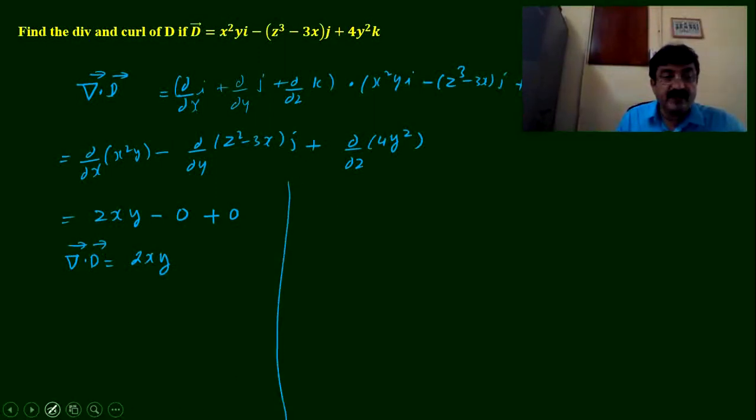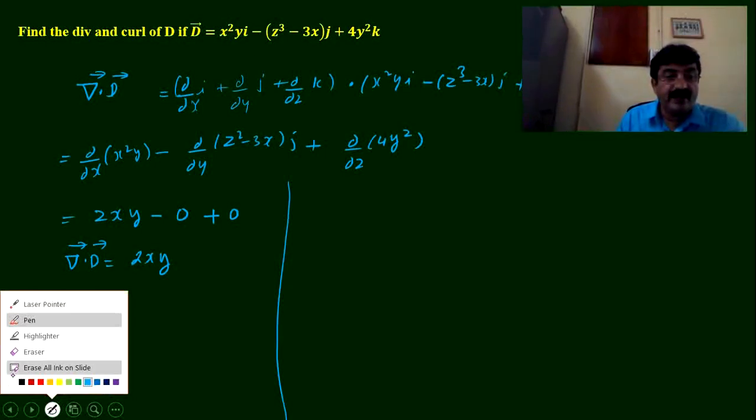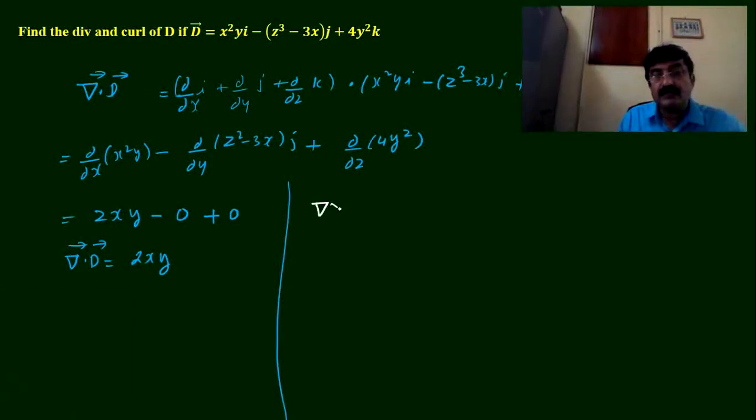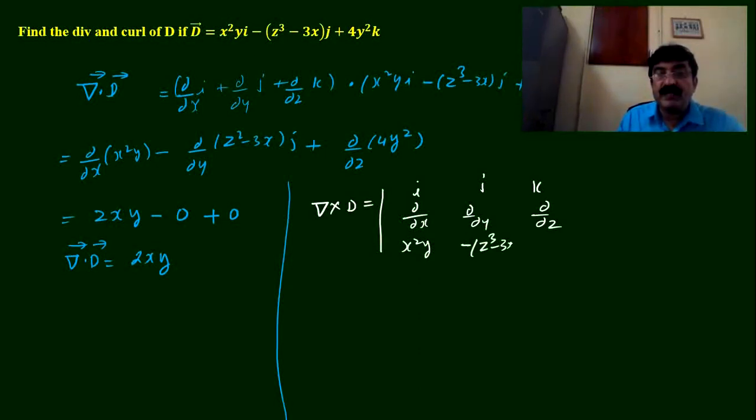So to find curl, we go ahead like this. Del cross d is equal to the determinant with i, j, k; ∂/∂x, ∂/∂y, ∂/∂z; x²y, minus z³ 3x, 4y².